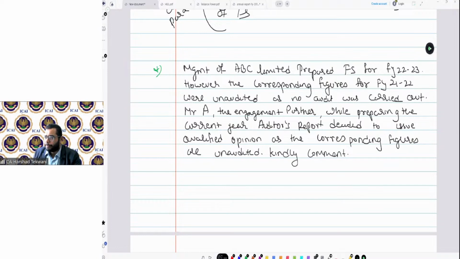What should be the appropriate way here?